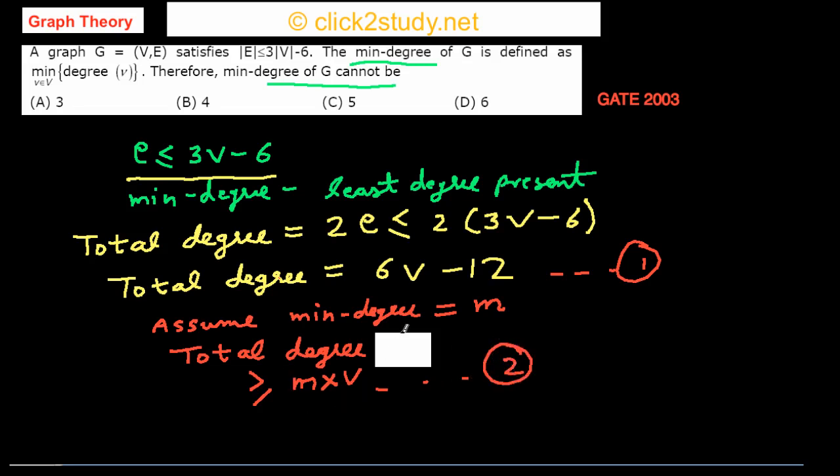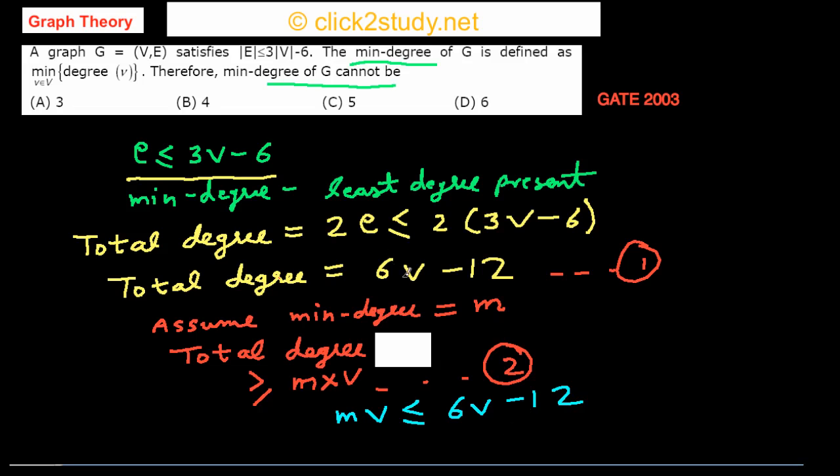When you relate them, you get MV is less than or equal to 6V minus 12.